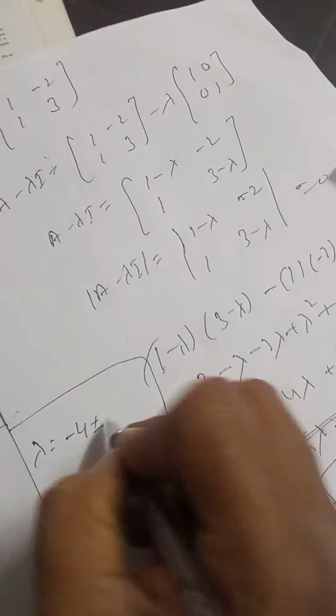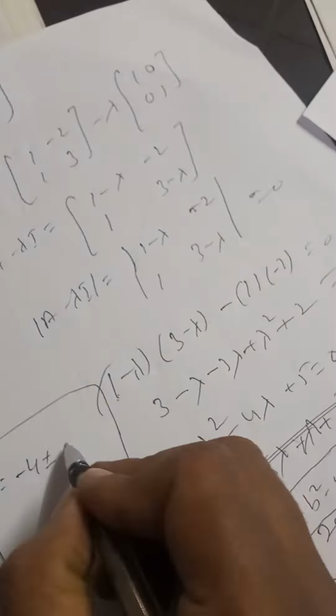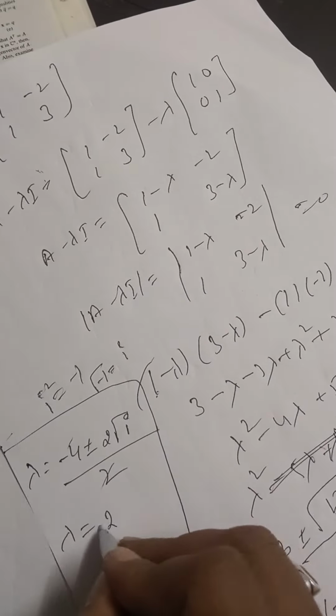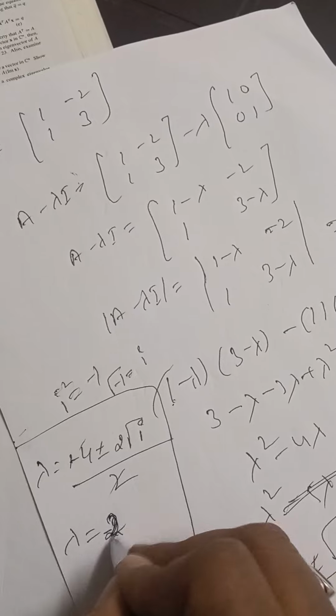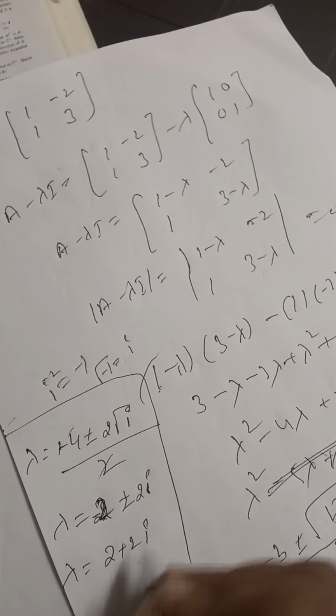Lambda is equal to 4 plus or minus square root of minus 4. Now it can be written as 2i. If a minus sign is there under the root, then we have to write like this, because i square is equal to minus 1, square root of minus 1 is i. Now by 2, on simplification, 2 plus or minus 2i. Therefore, lambda is equal to 2 plus 2i, comma 2 minus 2i.